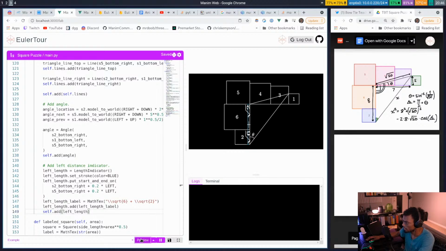Interesting. So since I don't want it to warp it like that, how should I do this? Stroke color blue. Yeah, I guess I will have to call this indicator. I didn't want to, just because the word is kind of long to type. It's not a big deal.